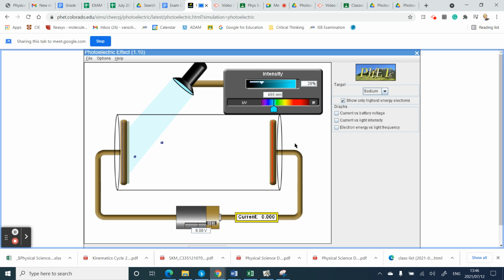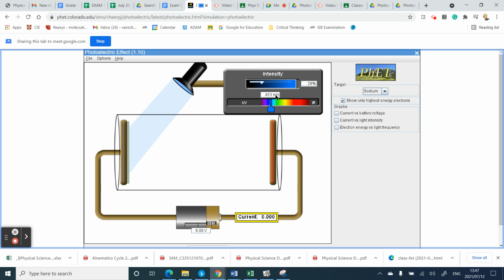You're going to use exactly this for that alternative task that I'm giving you in the exams. There's a prac exam, and this is exactly what you're going to do. It's going to give you jobs to do. So the wavelength that is just enough to kick out an electron, you're going to have to move it to see where it just starts kicking out an electron.